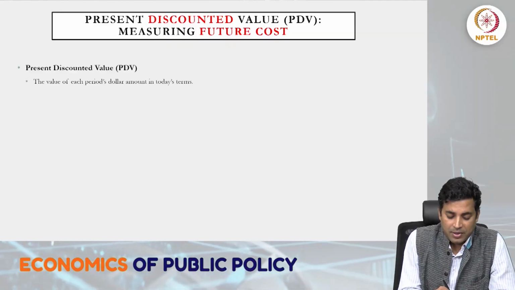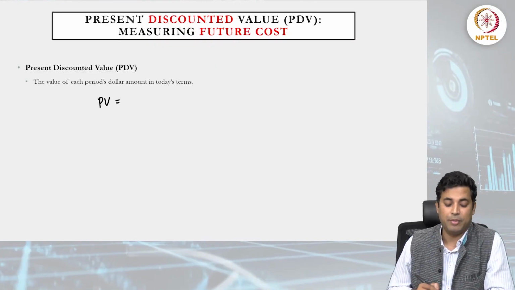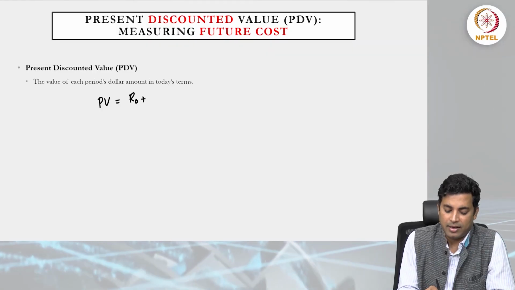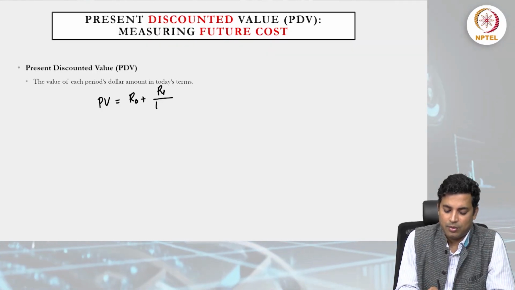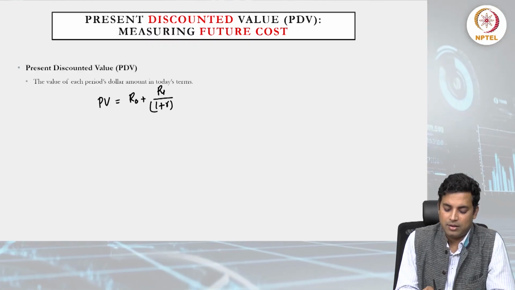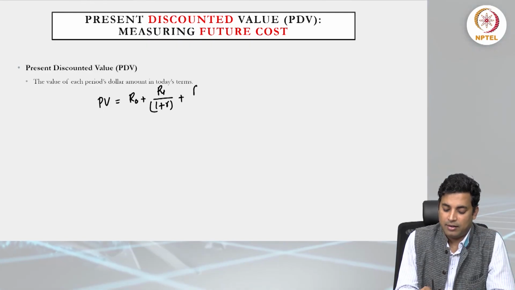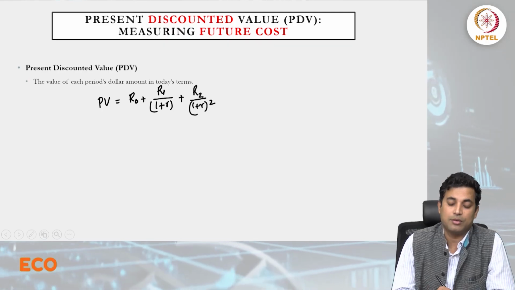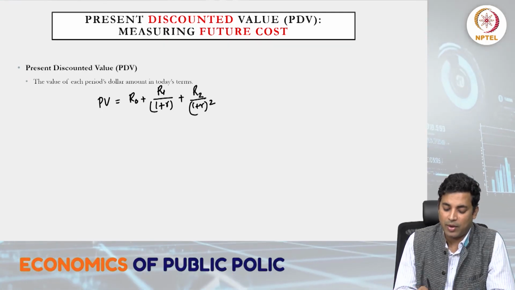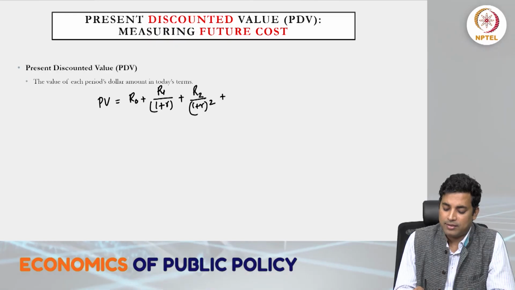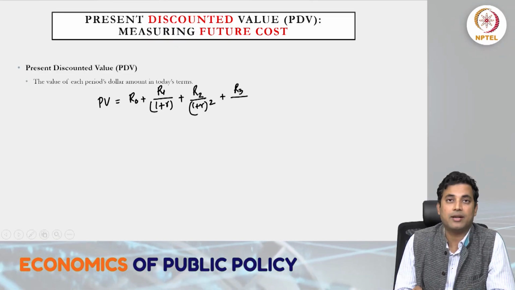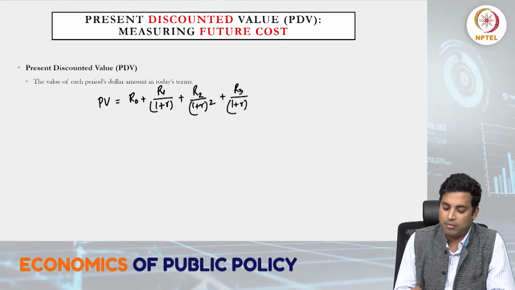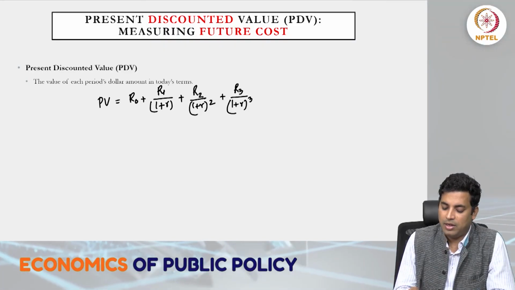So the present value could be, say, the return at the 0 period, and then the return in the first period divided by 1 plus R, the rate of interest, and then R2 is divided by 1 plus R to the power square, plus R3, the return that we are getting in the third year, divided by 1 plus R to the power 3.